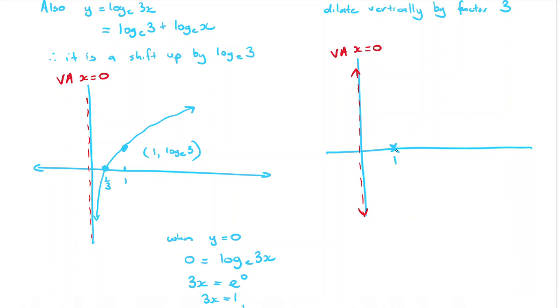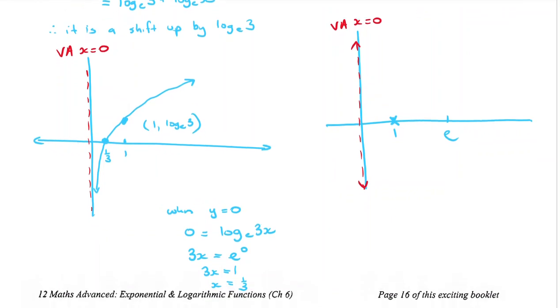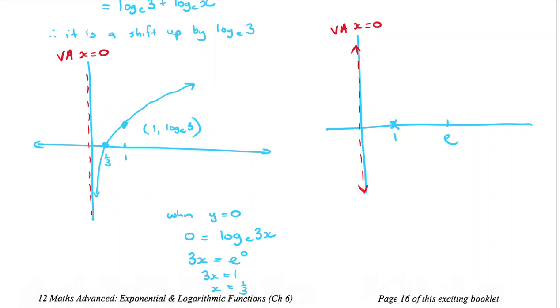What would be a good point to show? An easy one to show is actually e, because when you sub it in, when x equals e, we get y equals 3 log e of e. That's why I chose it.